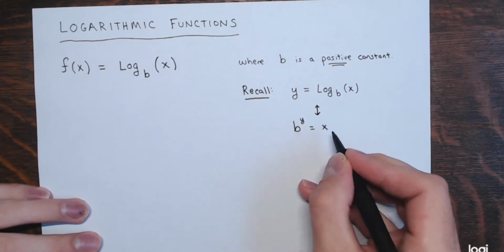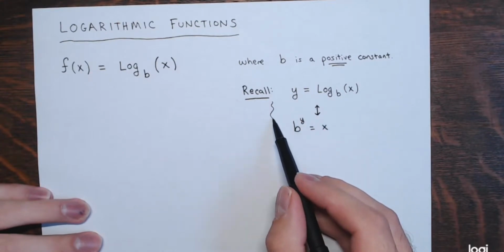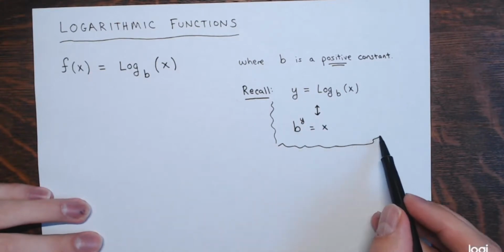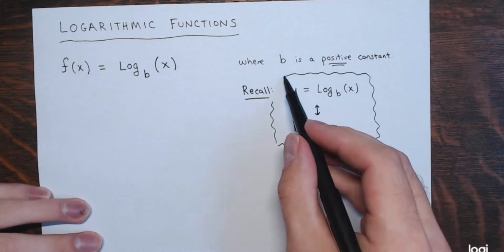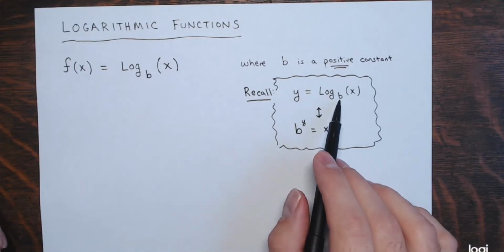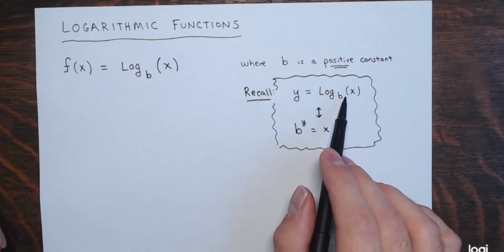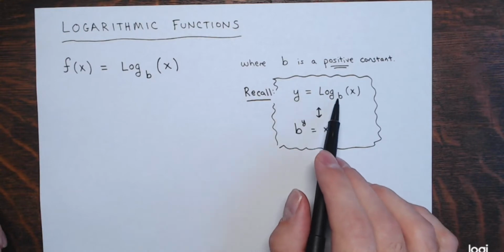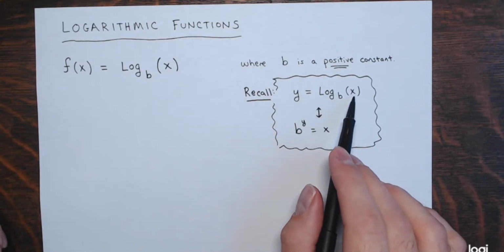There was a way to go back and forth between logarithmic form and exponential form. And when you're asked to evaluate the log base b of x, you're really just finding what power do I raise the base b to get x.